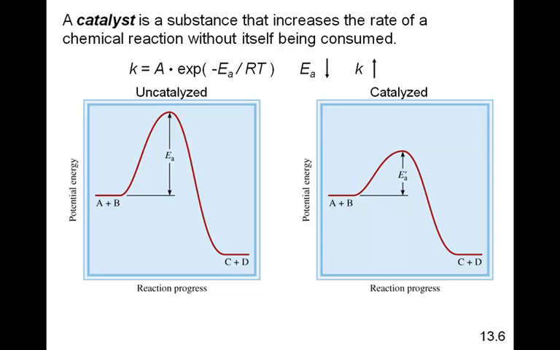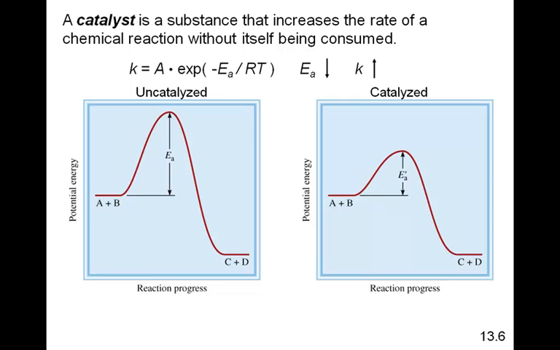In terms of thinking about collisions, remember, collisions and collision frequency are necessary in order for us to determine the rate of the reaction. Of course, it's not just how often the molecules collide, but also the energy associated with those collisions.